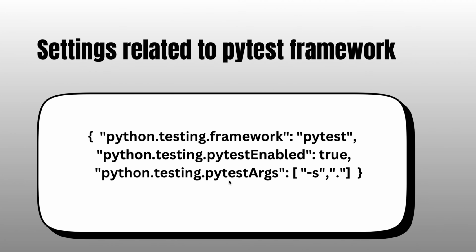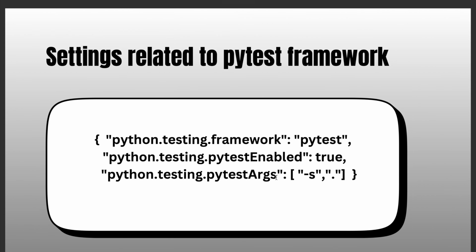And in the third line I am giving some arguments, and this dash s I will show you the use of in the upcoming part of the video. And this dot means please apply these instructions to all the test files that are inside the project. Okay, so I'm going to use it.